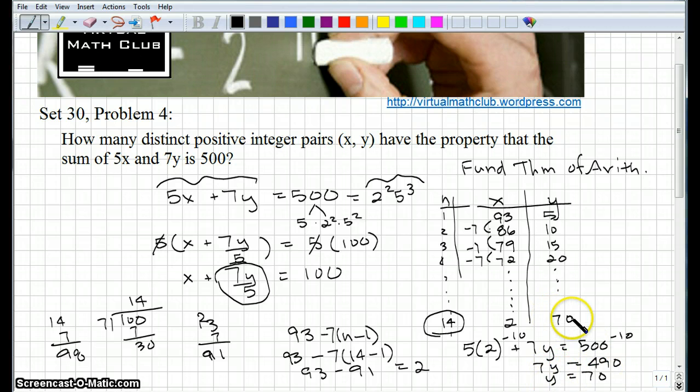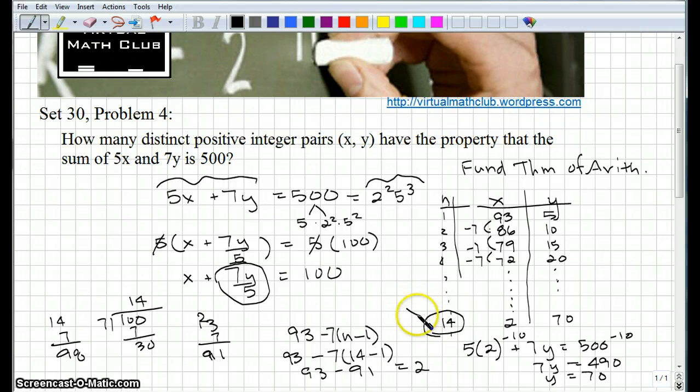Alright, so we could write 70 in here. So we know that 70 times 7 plus 2 times 5 gives us 500. Okay, and then we can count the number of xy pairs in this list by looking at n. Okay, so there you go.